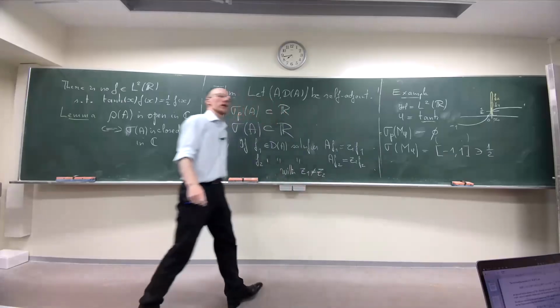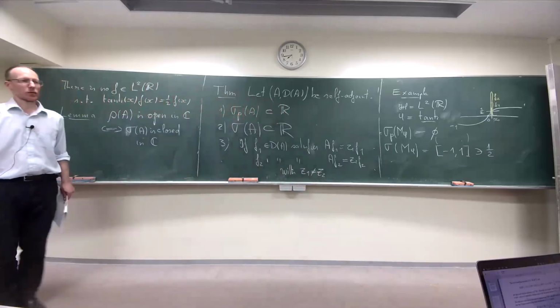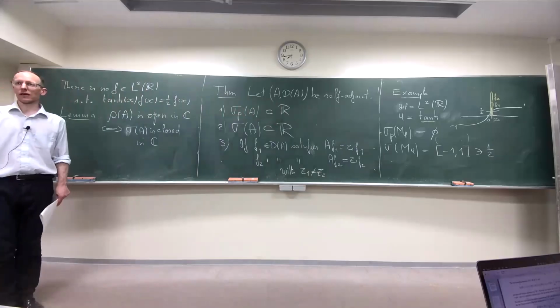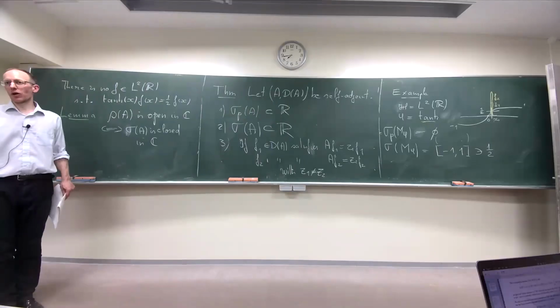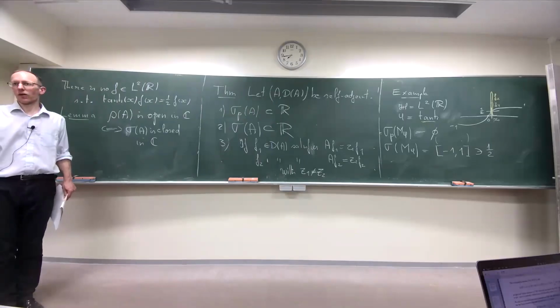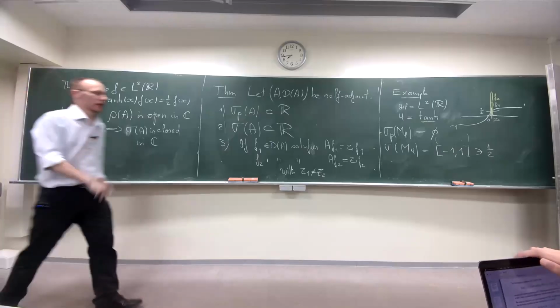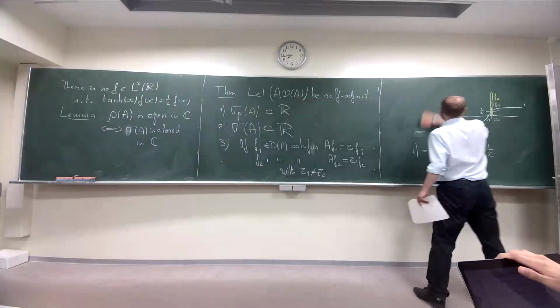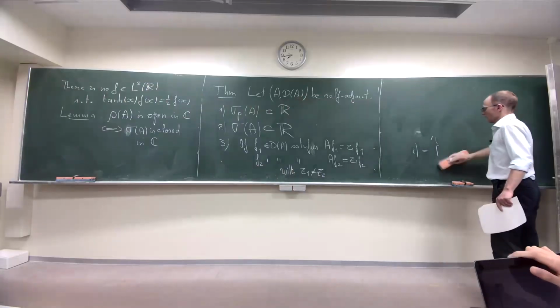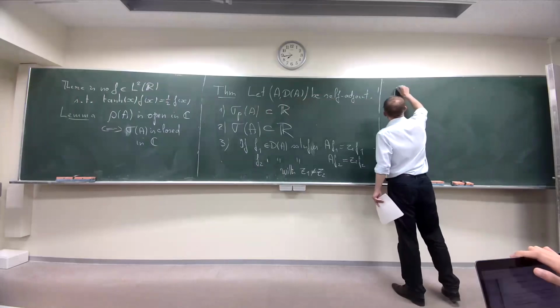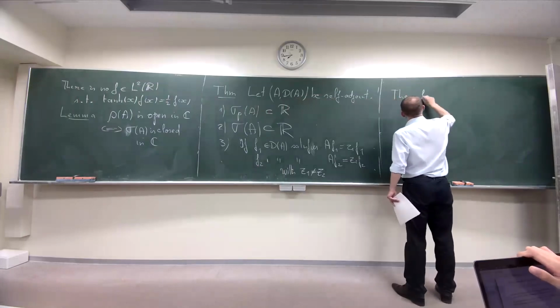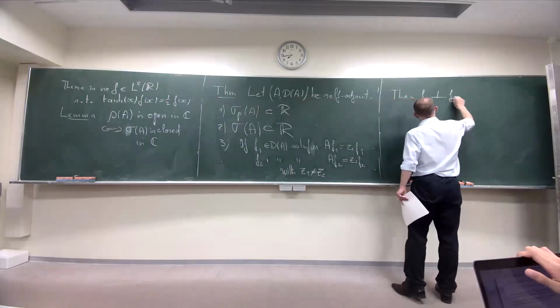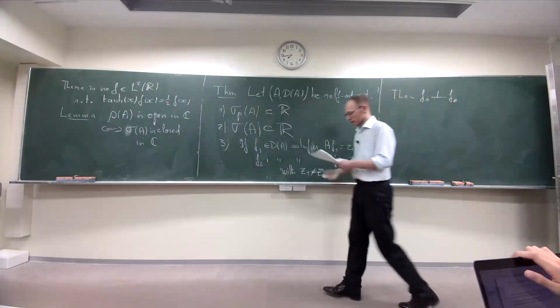So you have two eigenfunctions corresponding to two different eigenvalues, right? What you know from linear algebra is that these two eigenfunctions are orthogonal. You have two vectors which are orthogonal. The same is true here. Then f1 is orthogonal to f2, like in linear algebra.